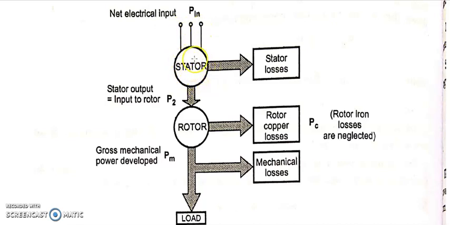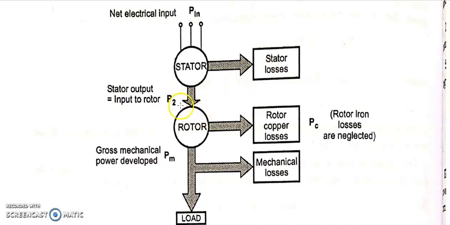Some amount of the power input is utilized to supply the stator losses, which include copper losses as well as iron losses. So P input minus this gives you the input to the rotor, that is the stator output. Stator output is equal to input to the rotor, called P2. So P2 is equal to P input minus stator losses.